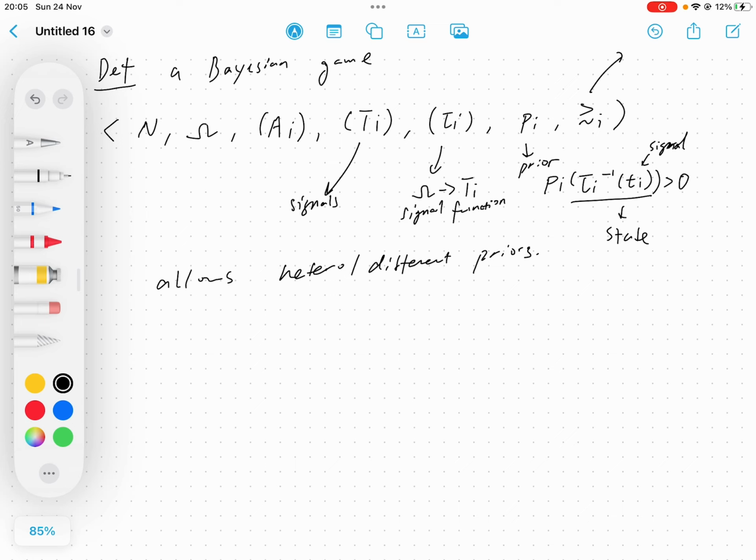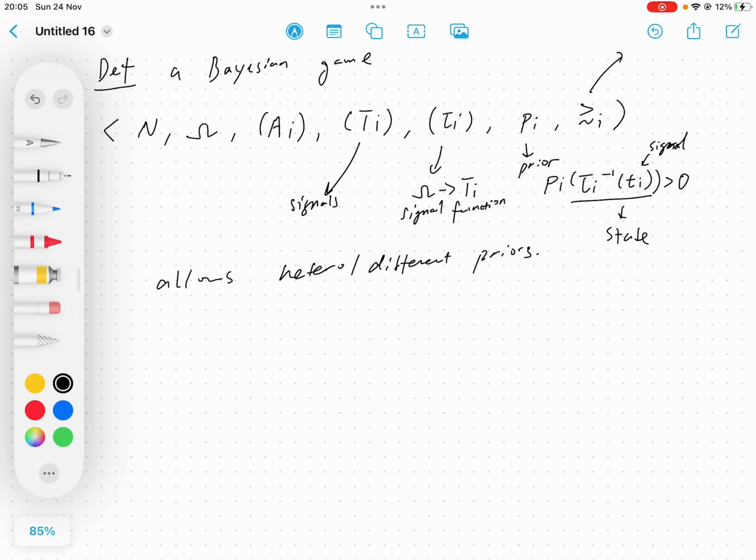And those beliefs, the players' beliefs might be related, so they don't have to be independent. Normally the priors are identical, and sometimes it might be useful to assume that they have different or heterogeneous beliefs in some special problems.